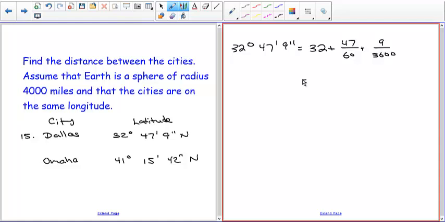Okay, so you take 32 plus 47 divided by 60 plus 9 divided by 3600, and we get 32.7858 degrees. And then you take 41 degrees, 15 minutes, 42 seconds.